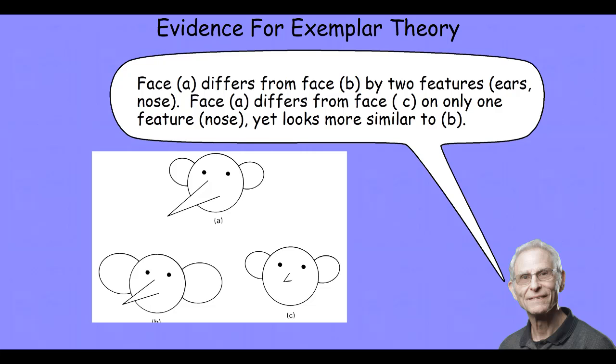So prototype theory predicts that features are independent and additive. If I've got 2 feature differences and 1 feature difference, the thing I have 1 feature difference with is the thing I'm most similar to.